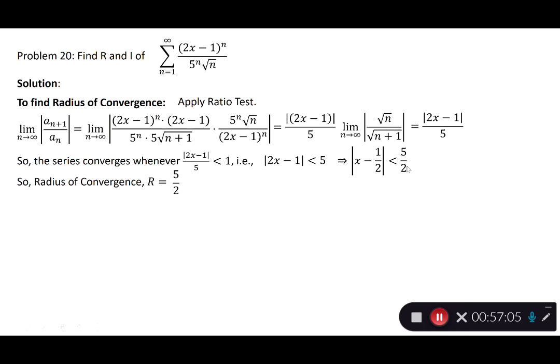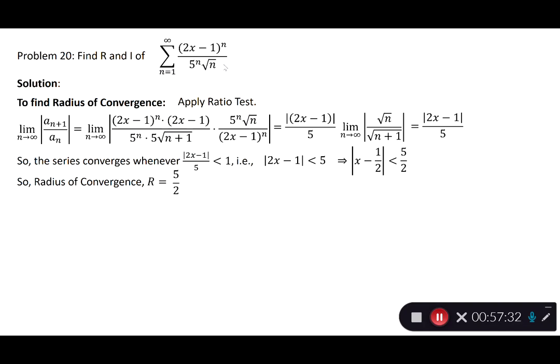Cool. This is a very interesting problem, and this is sort of my favorite problem. So typically I would give a question. I'll make up my own problem. Looking at this, what kind of a problem can I make up? Sigma 3x minus 2, the quantity raised to n, over 7 to the n times n squared.